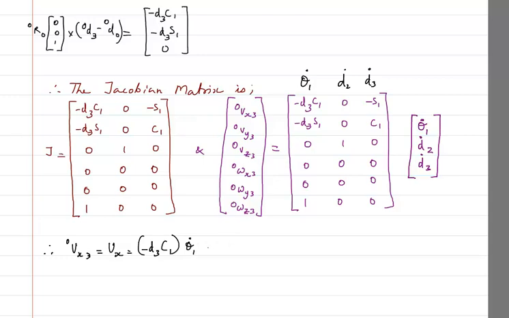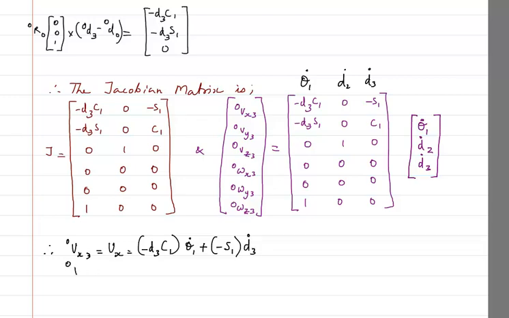Then the next one is 0, so I am not going to write that. The third one is plus of minus s1, that is s theta 1 into d3 dot.